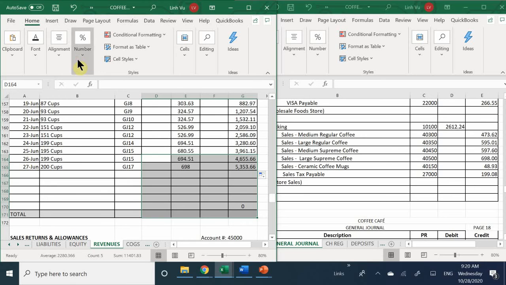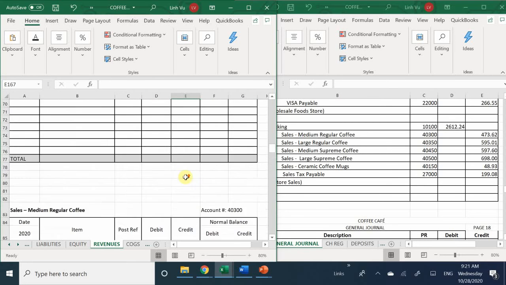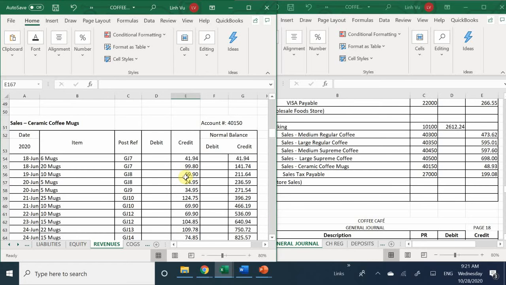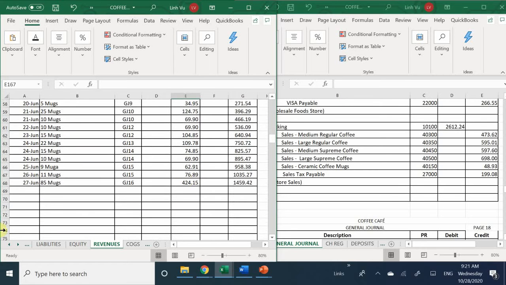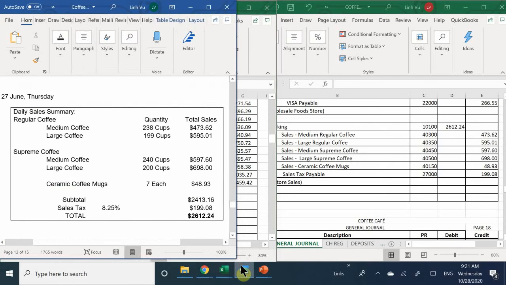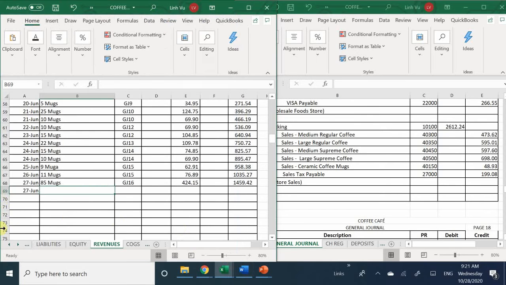Section sales, ceramic coffee mugs. Why can't I change it? Okay. So we're gonna go all the way up to ceramic coffee mugs. Okay. June 27. How many mugs? 7.